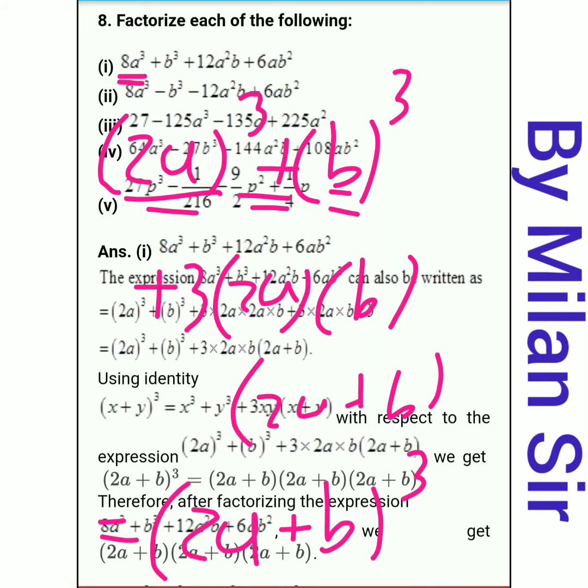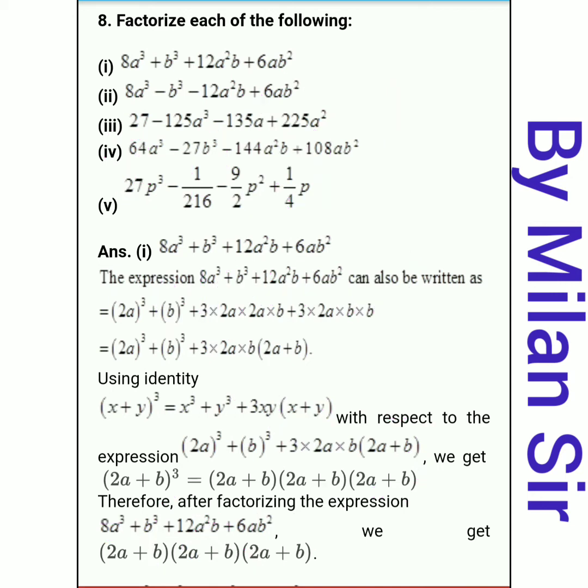First bracket plus second bracket all cube, this is our final answer. That means our final answer is (2a + b) all cube. Here it is written 3 times, that means we have cube, that's why.